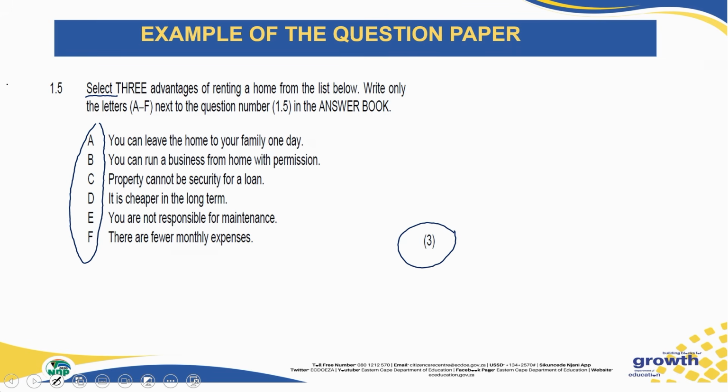Therefore, it means that you must provide only 3 letters there. Further than 3 will not be marked. And please, grade 12s, do not rewrite the statements or the advantages, just only the letter. Do not waste your time in this question. This question is going to have only 20 minutes.